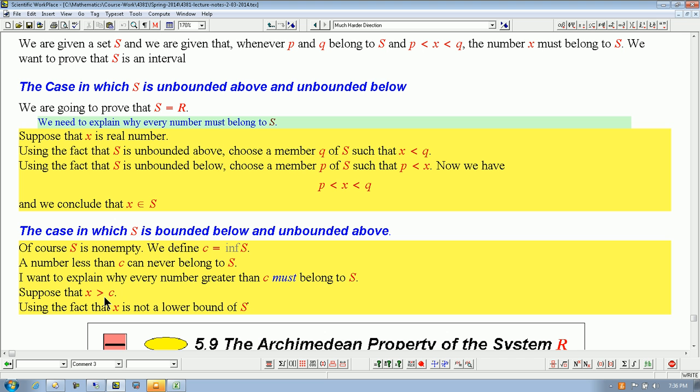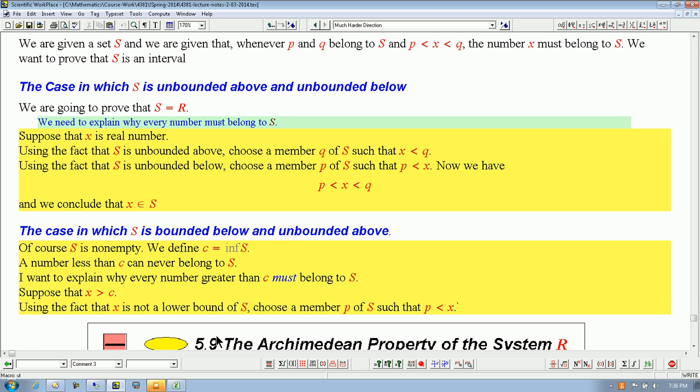X is greater than the greatest lower bound, so it's not a lower bound, right? Not a lower bound. Using the fact that X is not a lower bound of S, what can I do? Choose a member P of S such that P is less than X, right?